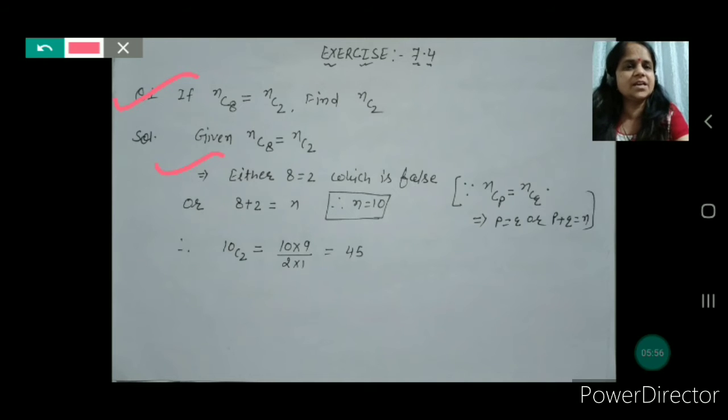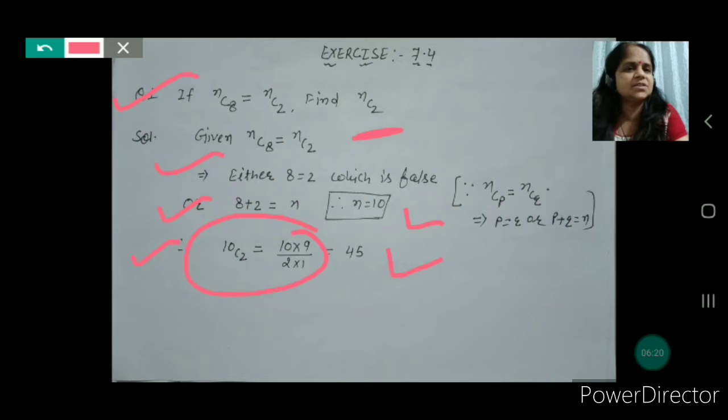It means 8 plus 2 is equal to n, so we get n is equal to 10. Now we can find 10C2. Since we require nC2, here n is 10. So 10C2 is equal to 10 into 9 upon 2 into 1. You will get 45.